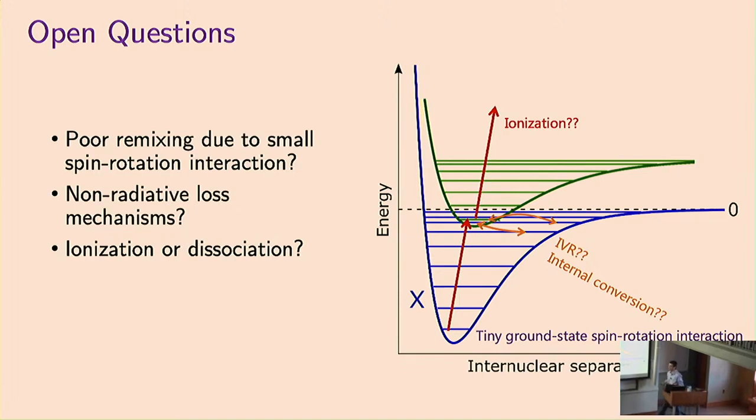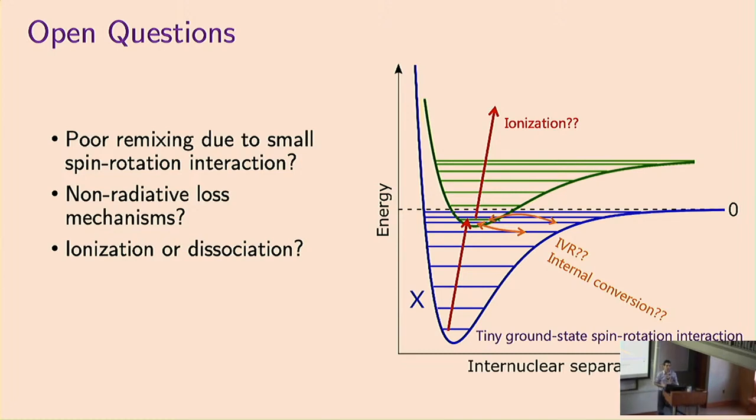There are many mechanisms that we can think of as to what might interrupt the optical cycling. And despite our best efforts, we haven't actually been able to experimentally demonstrate that one of these is the active culprit. But just to give you a feel for the sorts of things that we think might be going on in these large molecules, one is actually that the ground state spin rotation splitting is incredibly small.